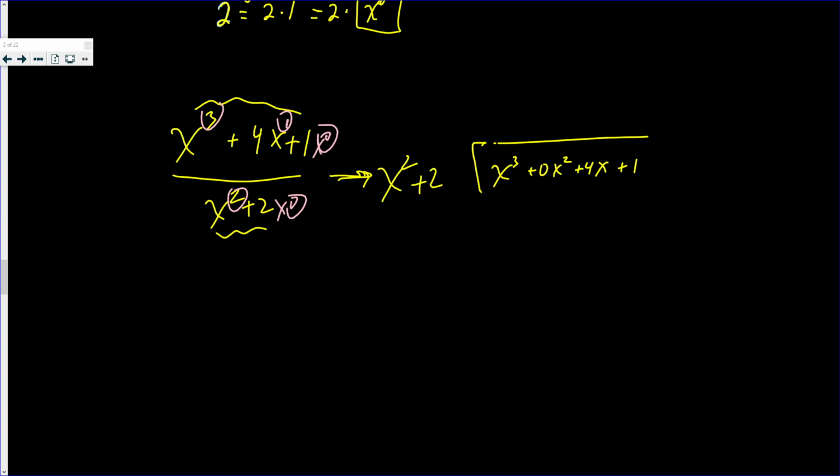It could be helpful. What do you multiply x squared by to get x cubed? The answer is x. Now we multiply x by the number in front.